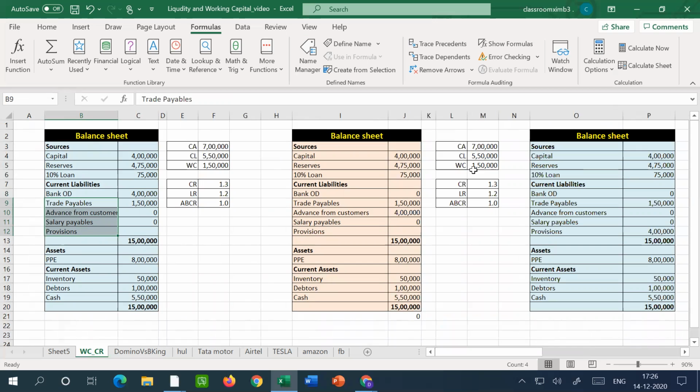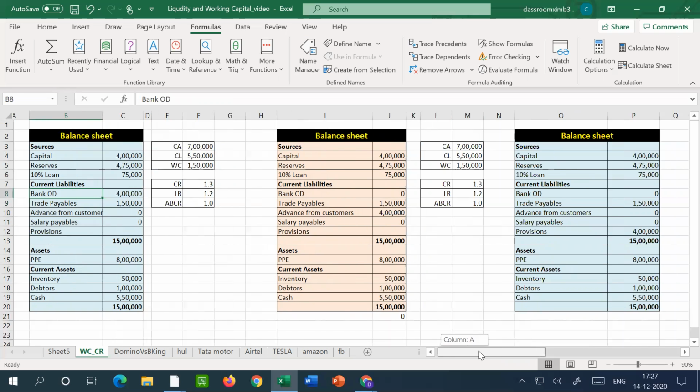If the current liabilities are high because of interest-bearing liabilities, then there is a need to have a significant part of the current assets as liquid current assets so that you can make the payment of the bank overdraft on time.